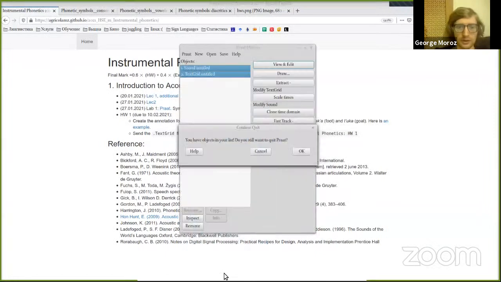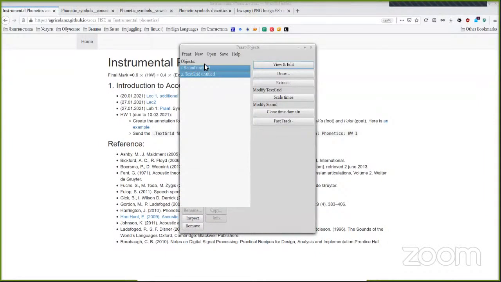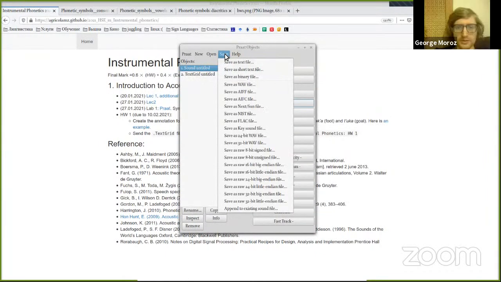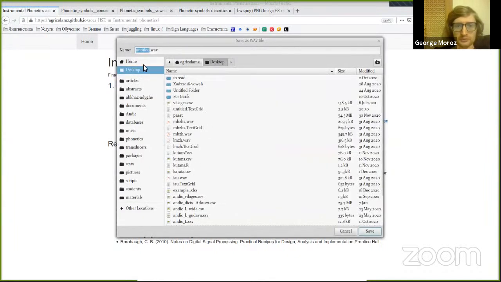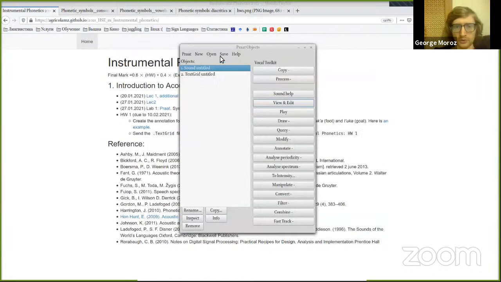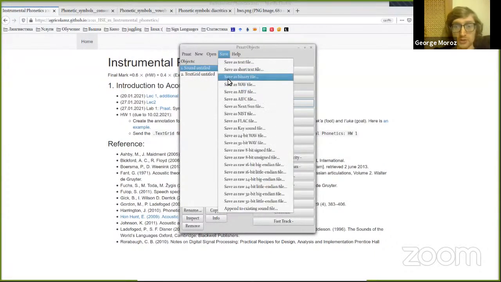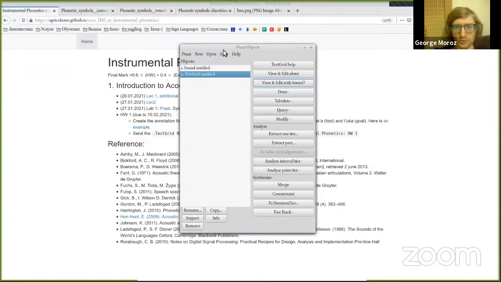Any other questions? How should we save Praat objects? Like now we have the sounds, so should we? Oh, that's a cool question. Thank you. So for now we have the sound, and it's saved as a WAV file somewhere. If you have a sound that you've created in Praat, it's better to save it as a WAV file. It's the standard. And TextGrid, we already discussed it.